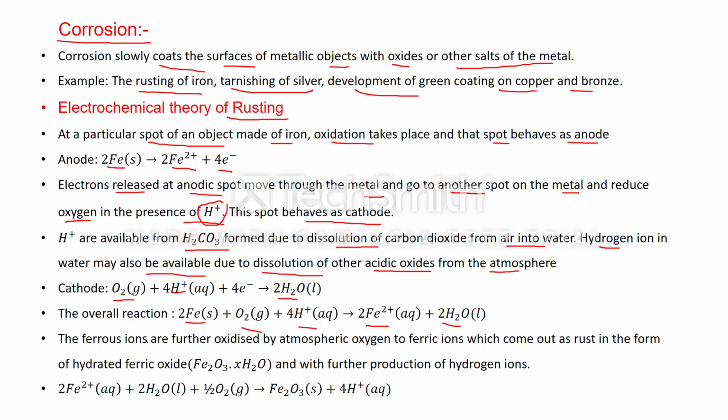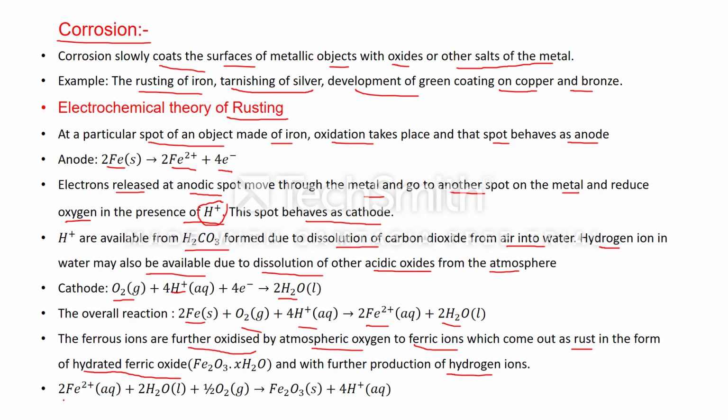If we combine these two reactions, we get 2Fe + O2 + 4H+ gives 2Fe2+ + 2H2O. These ferrous ions are further oxidized by atmospheric oxygen to ferric ions. Fe2+ converts into Fe3+, which comes out as rust. Fe3+ reacts with water to form rust, which is hydrated ferric oxide, Fe2O3·xH2O, with further production of hydrogen ions.